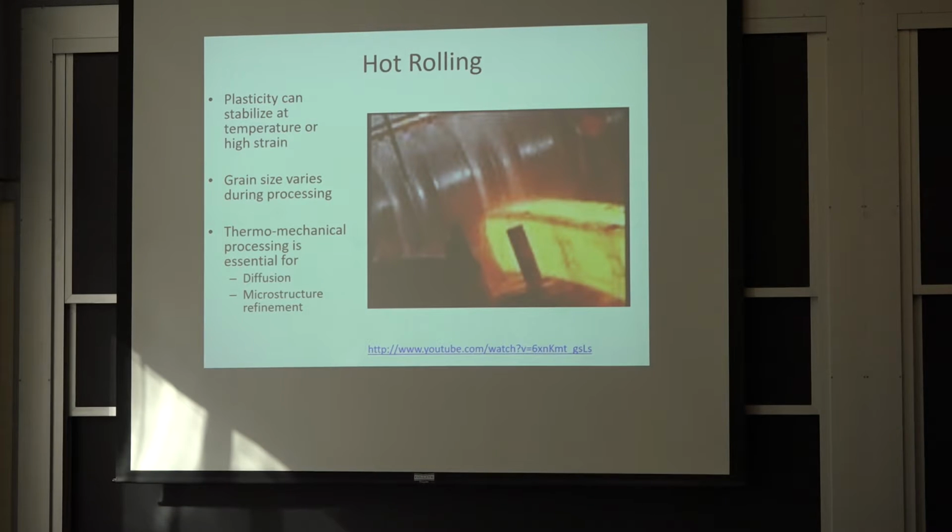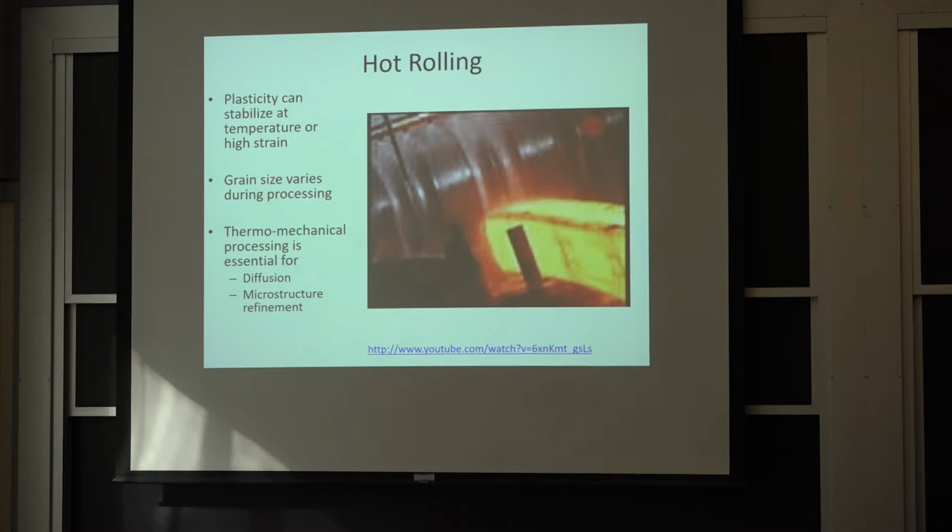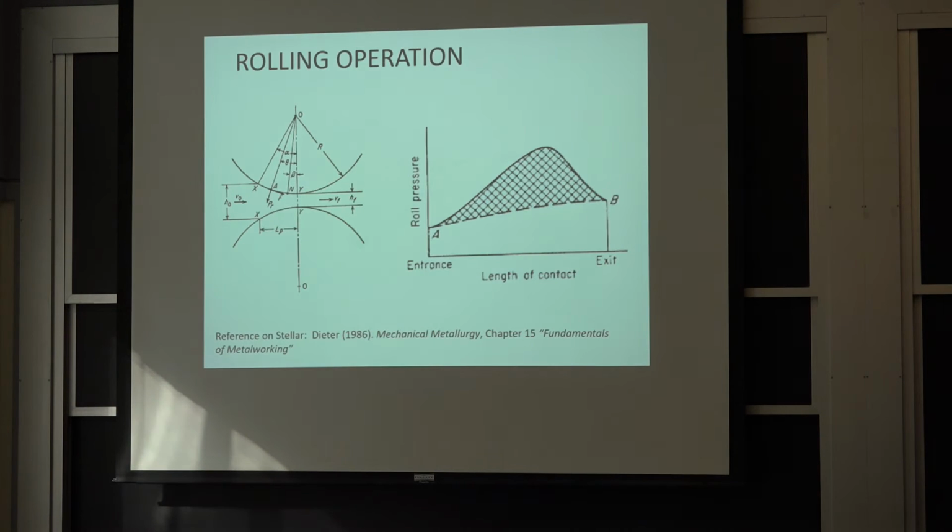There's just a whole lot that happens that is good in terms of making the material strong and resistant. That's why when we think of forging, the idea to put the metal in the fire and then beat it up to make it better is a little bit what we do industrially, except that we do it on a continuous forming basis. So rolling is one of the mostly used operations to start from the big slabs and take it down.